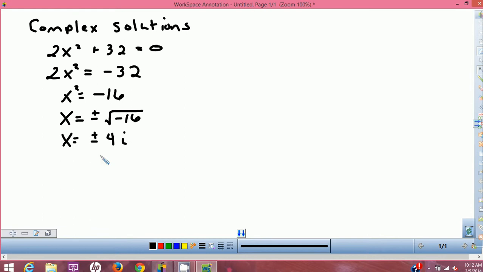Well, what else do we know? We also can find the discriminant for this quadratic. So we want to go back and find this discriminant and then look at another piece of what the discriminant tells us if we have a negative discriminant.